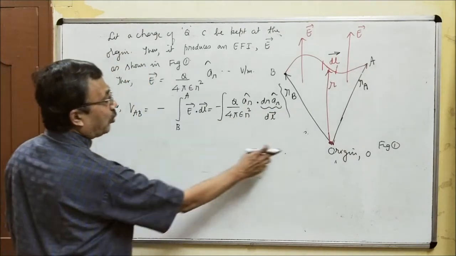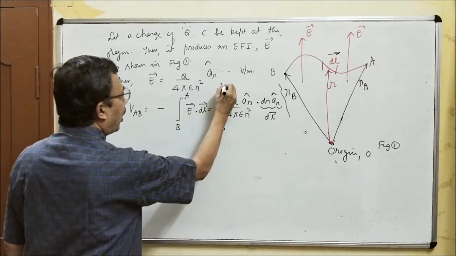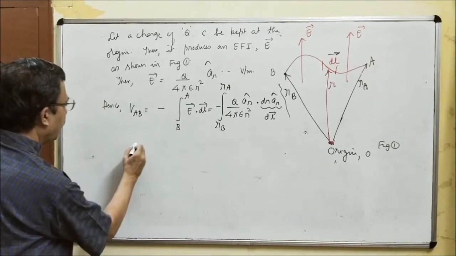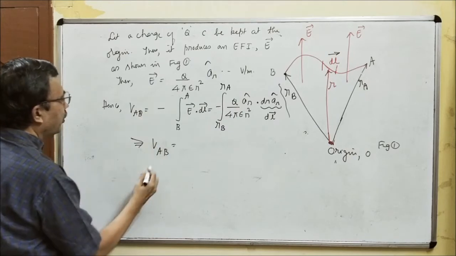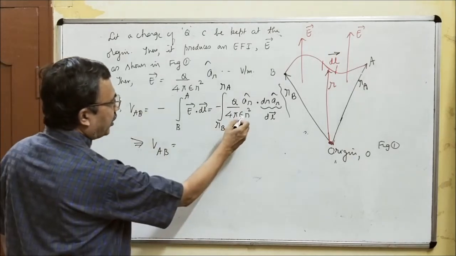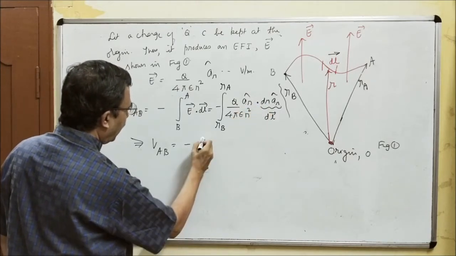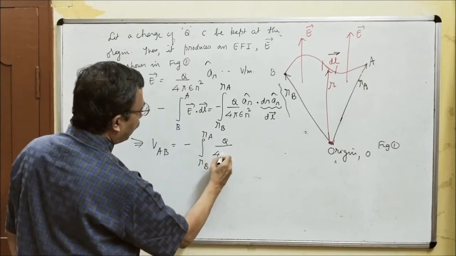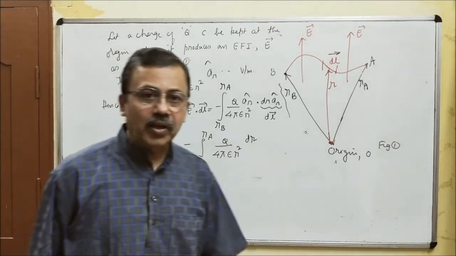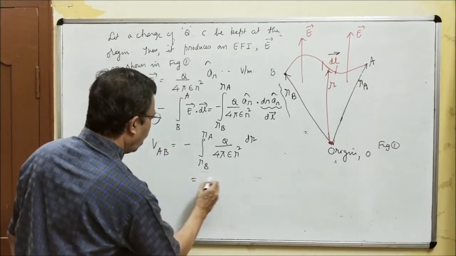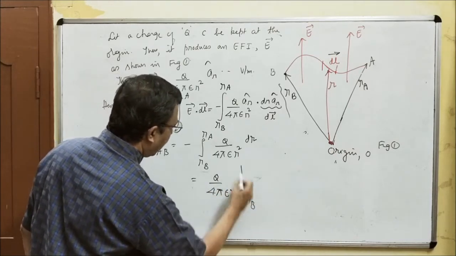What is the distance of point B from the origin? It is RB. What is the distance of point A from the origin? It is RA. So VAB is equal to minus integral from RB to RA of Q divided by 4 pi epsilon R square dr. If you integrate 1 by R square, you get minus 1 by R. So you get Q divided by 4 pi epsilon into R, with limits from RB to RA.